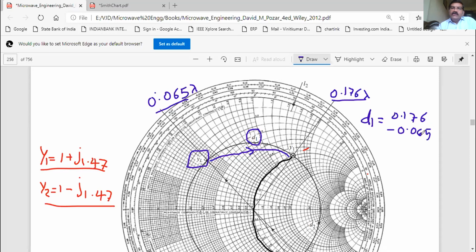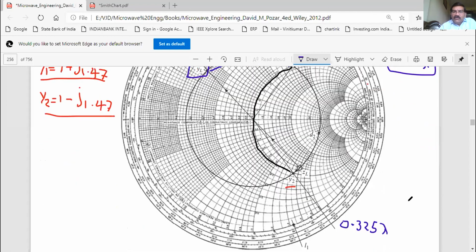If you take the difference of these two, this will be your D1. So what will be the difference? That is 0.11 lambda. Magnitude doesn't matter because it is simply the distance. Both the values are in terms of lambda, so this is the wavelength. So D1 is 0.11.